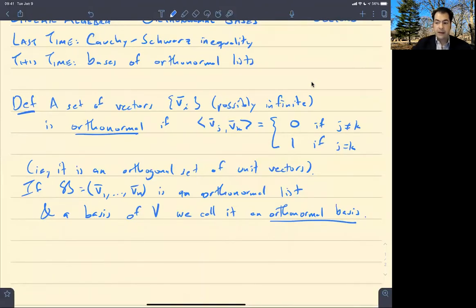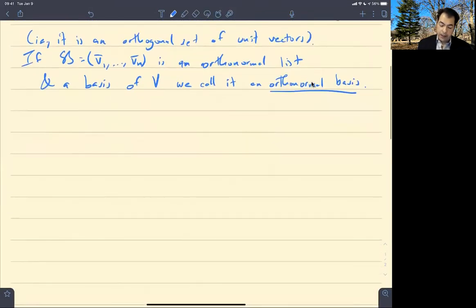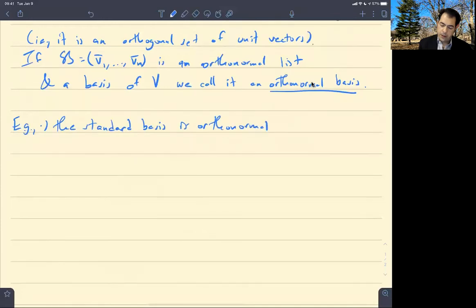Okay, so we have our usual example, the standard basis, is orthonormal with respect to the standard inner product.